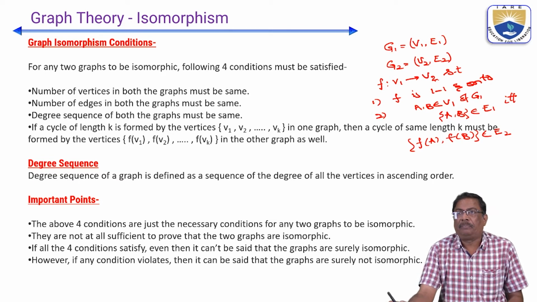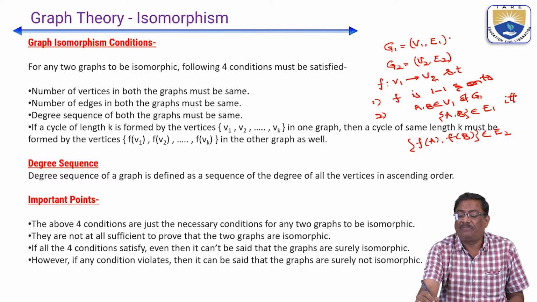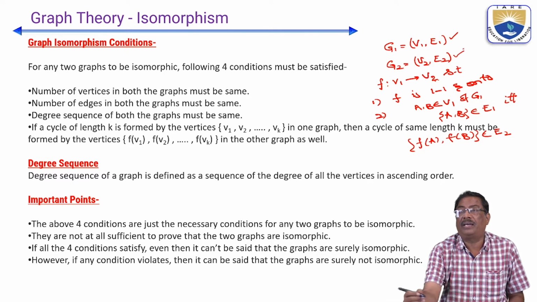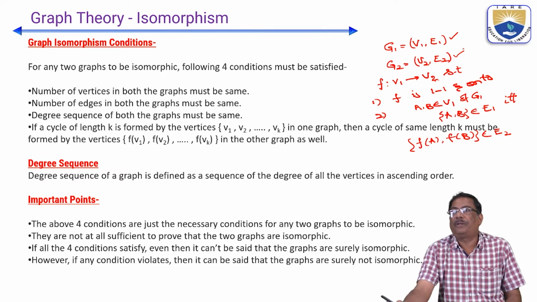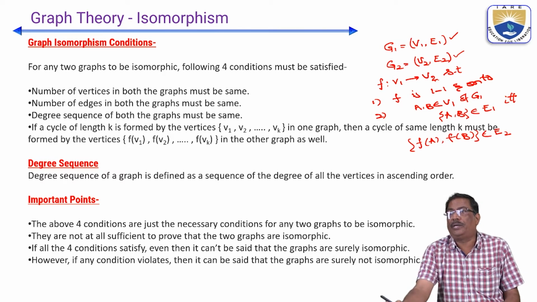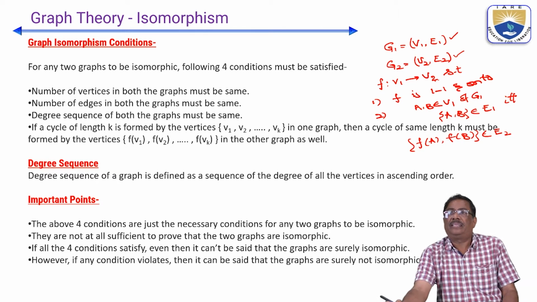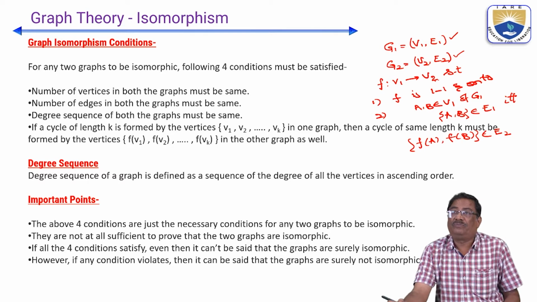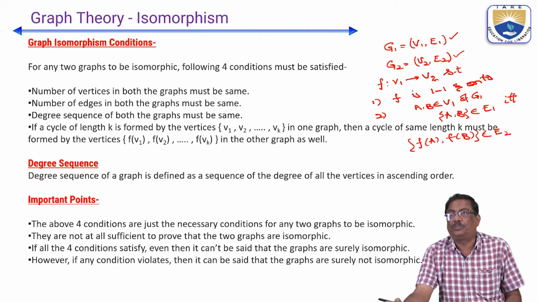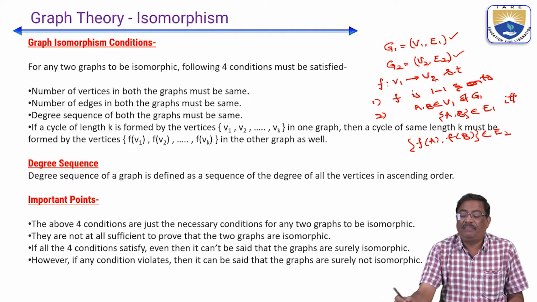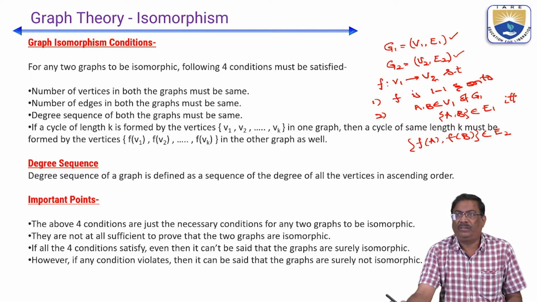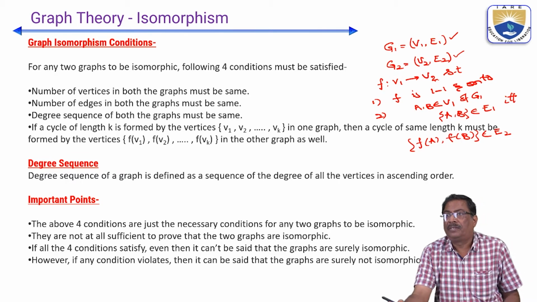Let us once again state it. G1 is a graph with V1 vertices and E1 edges, and G2 is another graph with V2 vertices and E2 edges. Then f is a function from the vertices of G1 to the vertices of G2 such that f is one-one and onto.